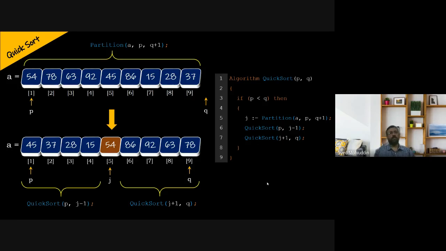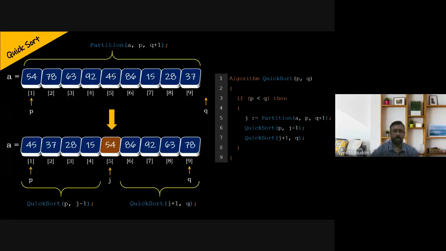So if a question is asked about the difference between quicksort and merge sort, you have to explain the difference between merging and partitioning. Merge sort actually does the work after performing recursive calls. Quicksort does the actual work before performing the recursive calls. So that is the difference.